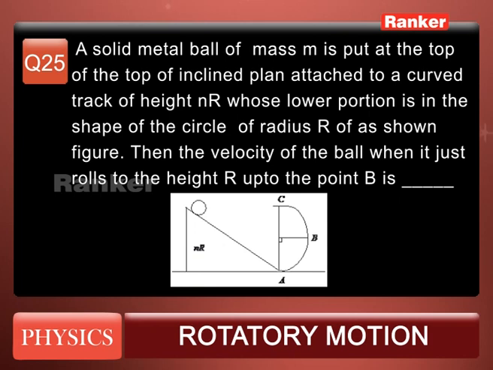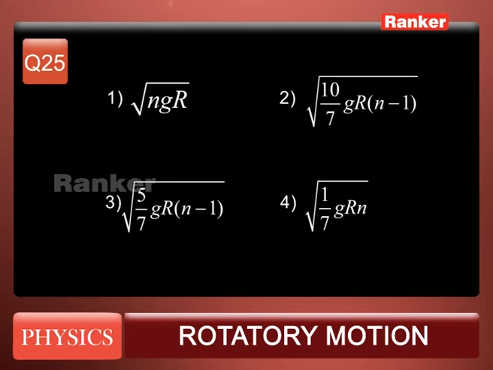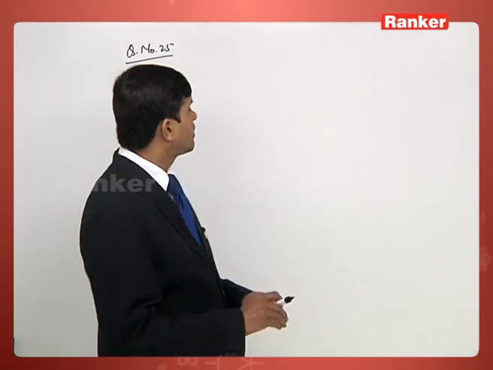Then find the velocity of the ball when it just rolls to the height r up to the point B. The options are root over ngr, second option root over 10 by 7 gr into n minus 1, third option root over 5 by 7 gr n minus 1, and the fourth option root over 1 by 7 grn. See how to do this problem.